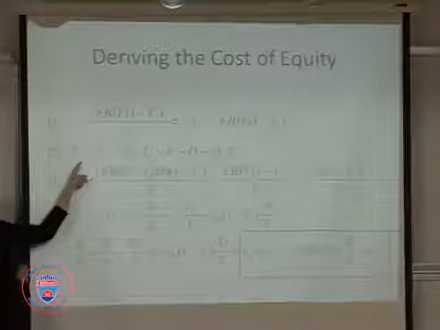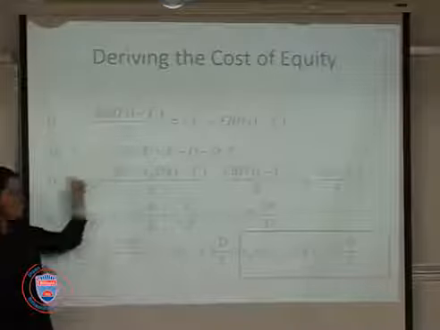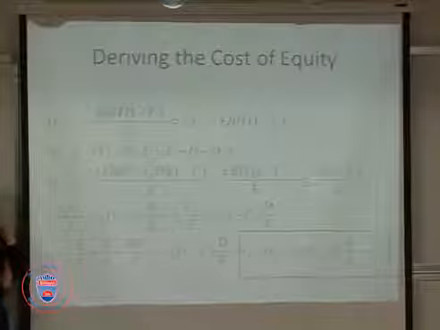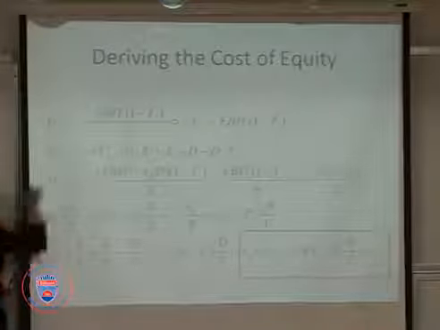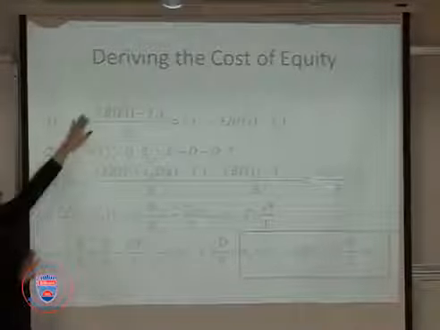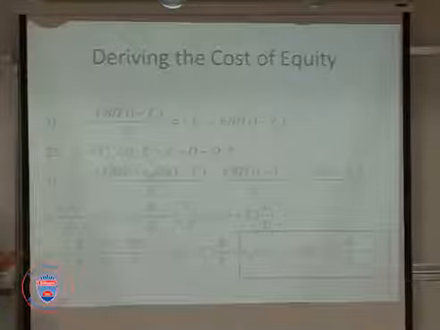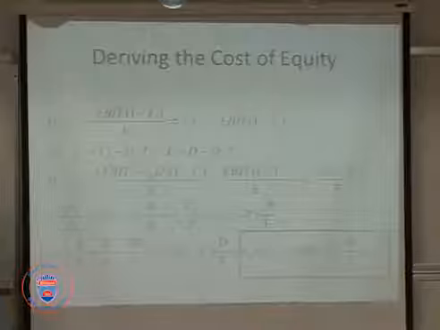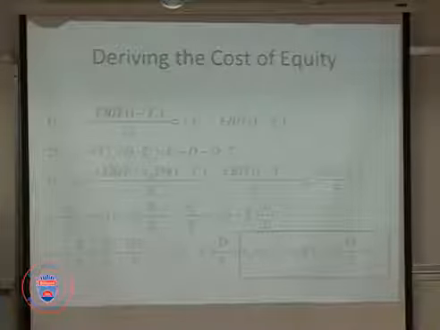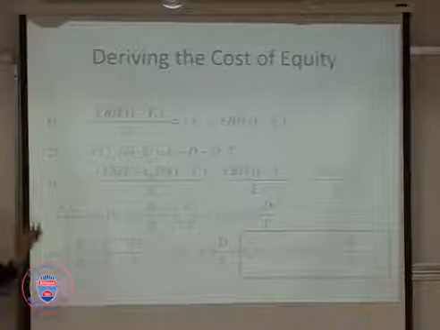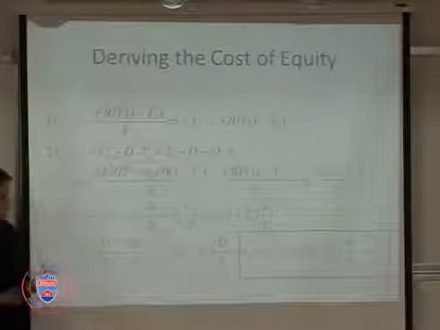And after that, value of the unlevered firm will be equal to value of levered firm minus the present value of interest tax shield. This is what you already know. This portion is new. That's the only new thing here. So if you play with things, I'm not going to ask you the derivation of those formulas, of course. But as an intuition, if you want to see where it comes from, it's in the slide.